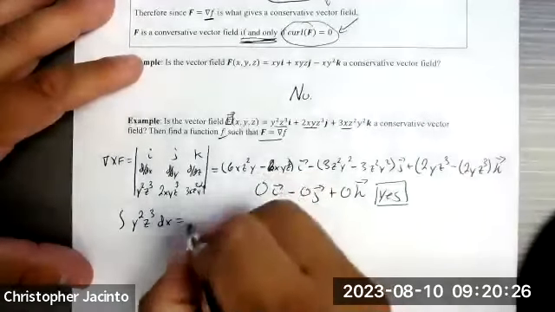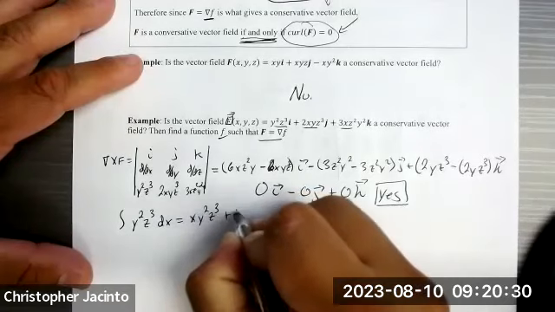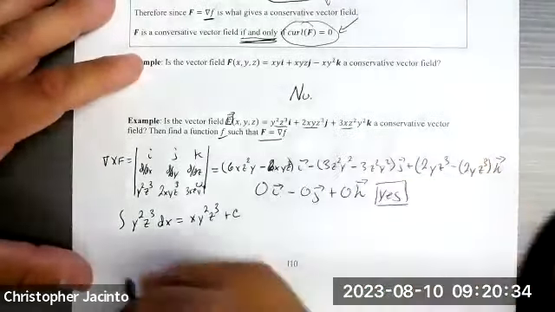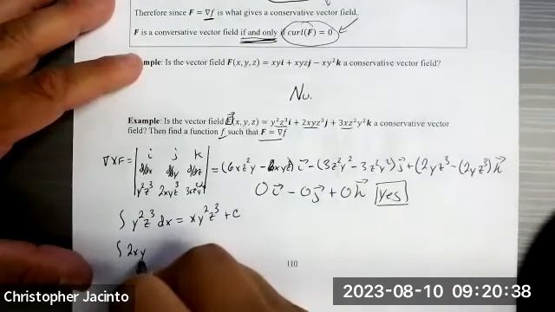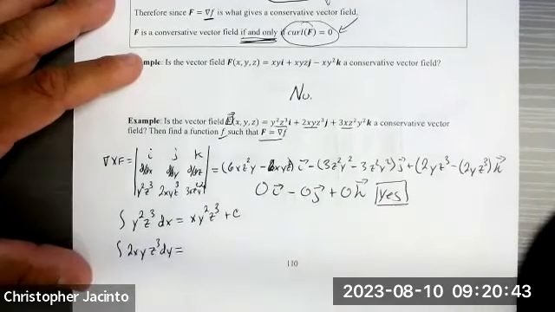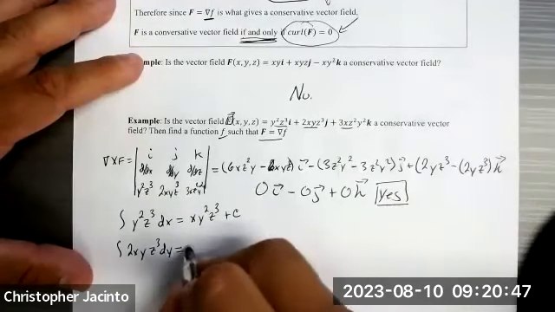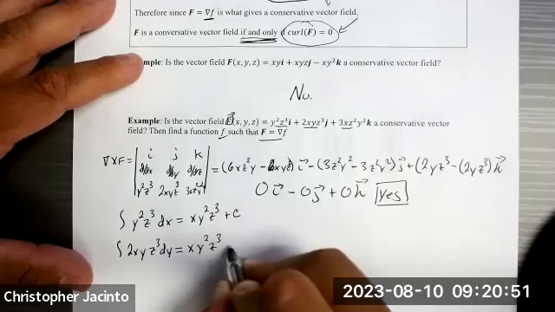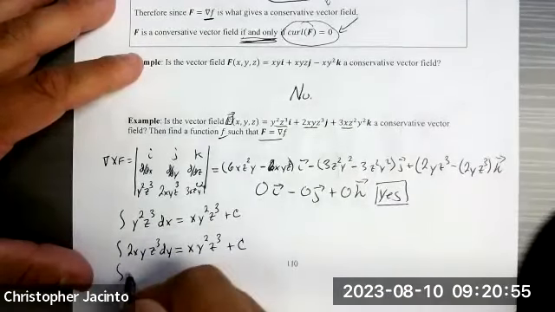This gives me just x times all of this, plus some c term. Integrate the second component in terms of y. Notice if we take the integral of this one, this ends up being the same thing as on top, because then y becomes squared plus c. And the last one with respect to z.